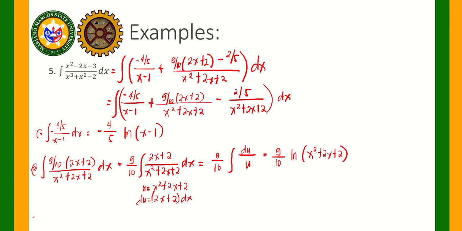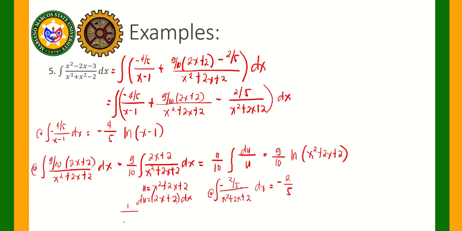And then, for the last term naman, at the integral of negative 2 over 5 times dx over x squared plus 2x plus 2. So, isolate natin si constant, and then the integral of dx over this one. Let u ulit tayo, gamitin natin to.